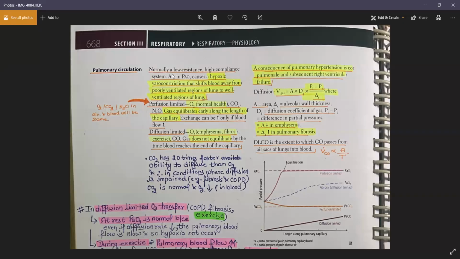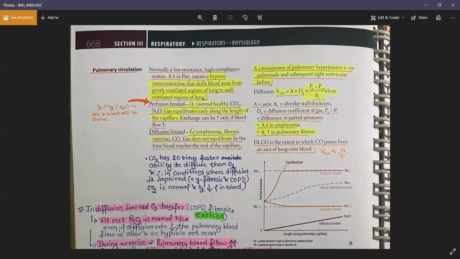Do you mean that the body can excrete CO2 normally in case of a defect in the membrane? Yes. Sorry, what do you mean by that? When we say that CO2 is only a perfusion limited gas, it means that it is not affected by membrane damage.